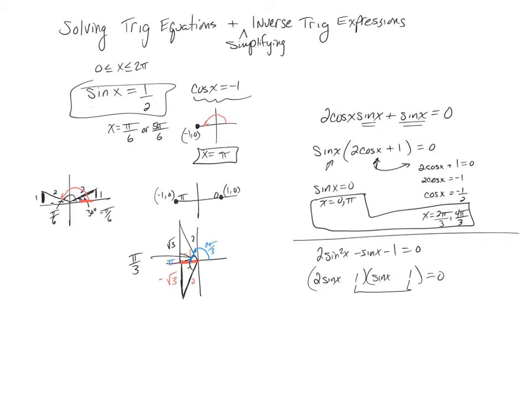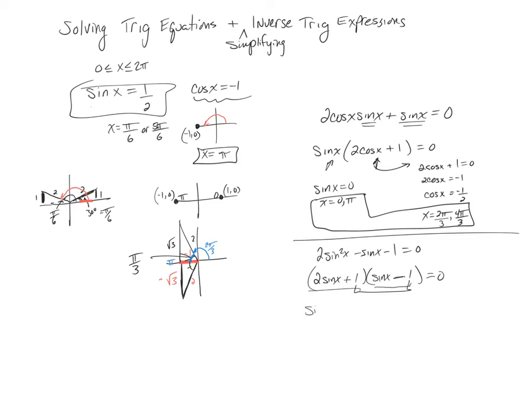So if we take our outside terms, 2 times this 1, and then inside sine times this 1, I think we're going to need a negative to go over here and a positive here, so that we're going to get a sum total of negative 1 sine x in the middle from our outer and inner terms. So we get two expressions.